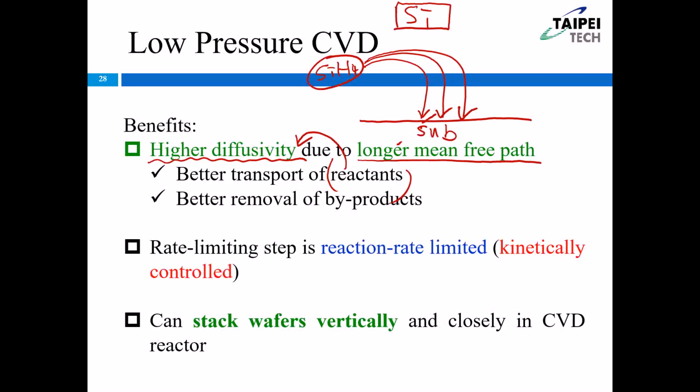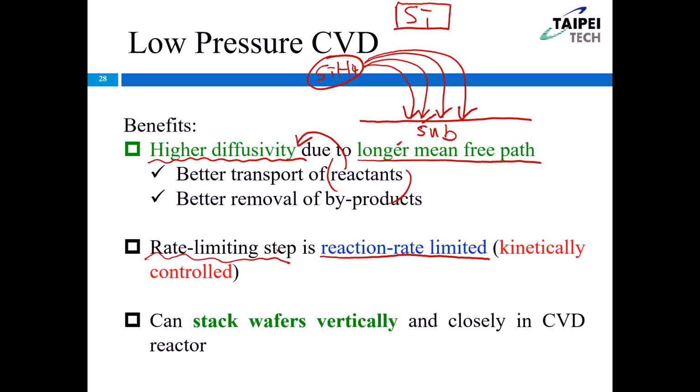We have a lot of silane, so the growth rate limiting step is reaction rate limited. We have so much silane on top of the substrate, on the silicon wafer.